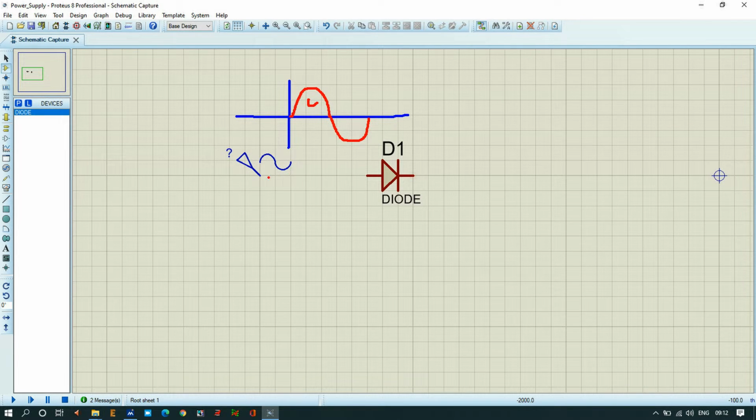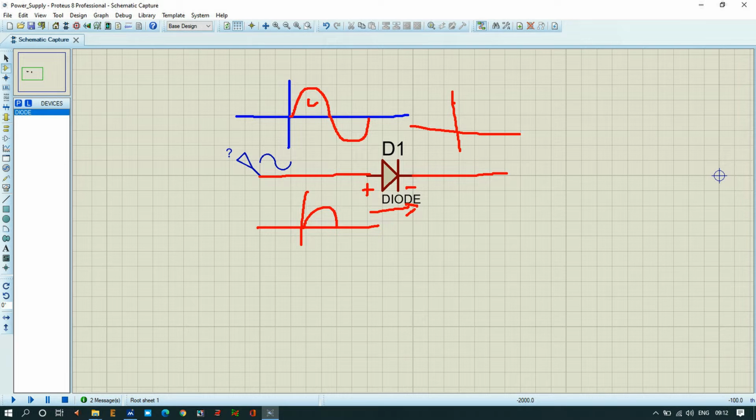Whenever we supply the first half cycle to this diode, because this is the anode terminal and this is the cathode terminal, the anode receives the positive cycle, it will be forward biased, and it will allow the signal to flow through the diode. So on the output side of the diode we will get the positive half cycles.